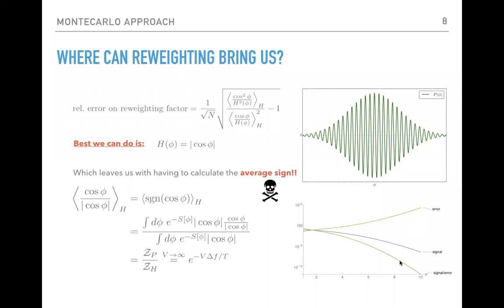So maybe at small mu we can do things, but as soon as we want big mu's, big densities, the problem gets more and more severe. This is what is called an NP hard problem. You need exponentially more statistics to overcome this, which is not feasible.